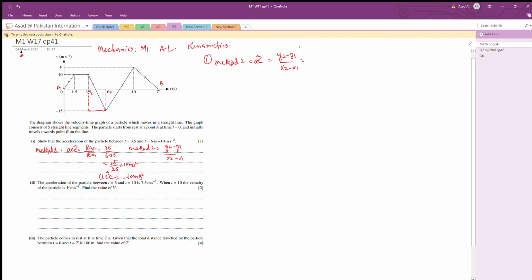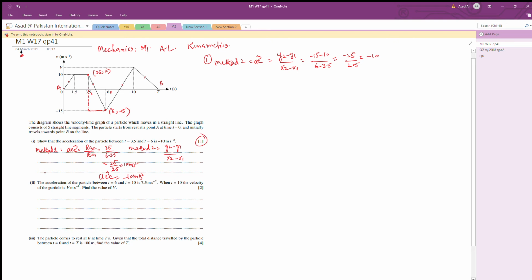This point is 3.5 and 10, and this point is 6 and minus 15. Putting the values, minus 15 minus 10 over 6 minus 3.5, so minus 25 over 2.5, and the result is minus 10. So both give the same answer.